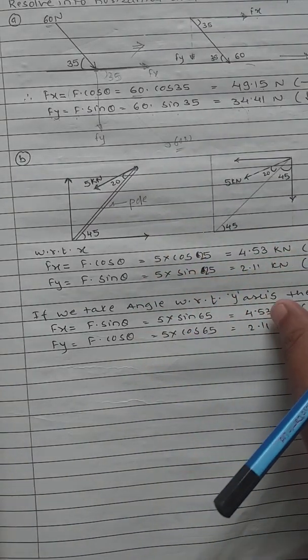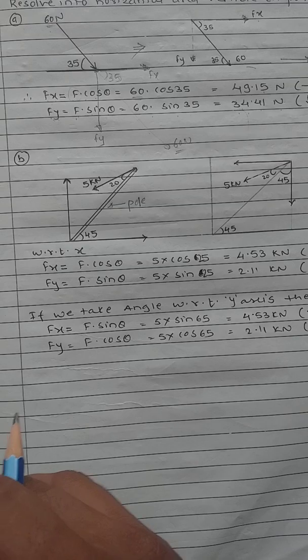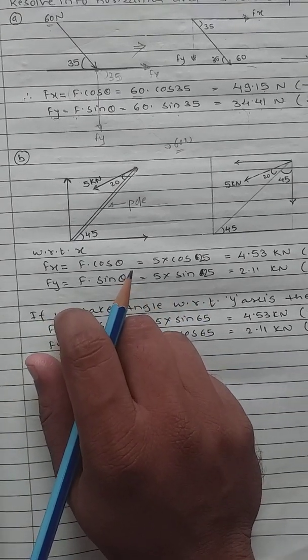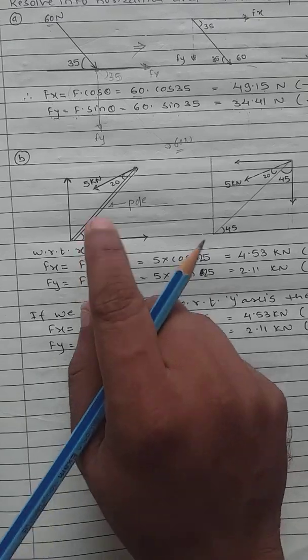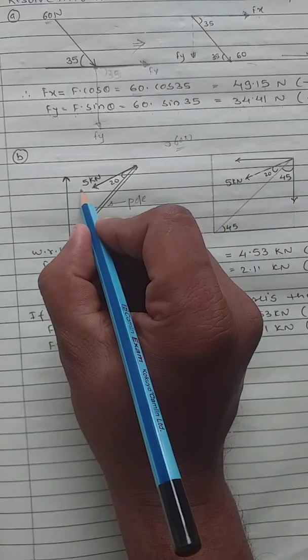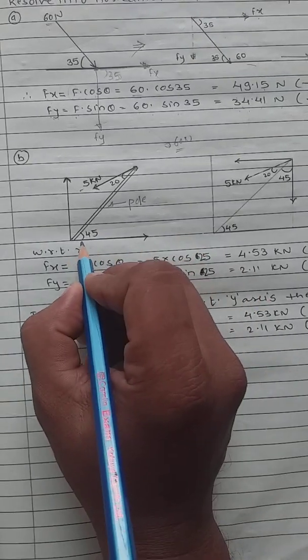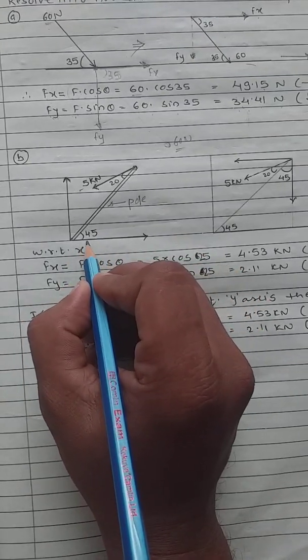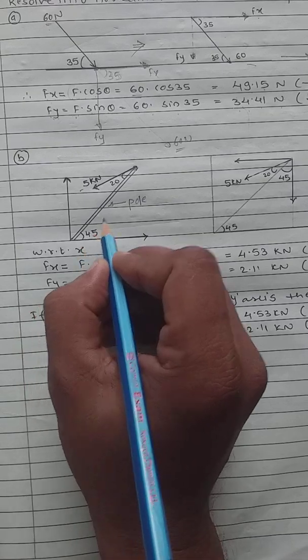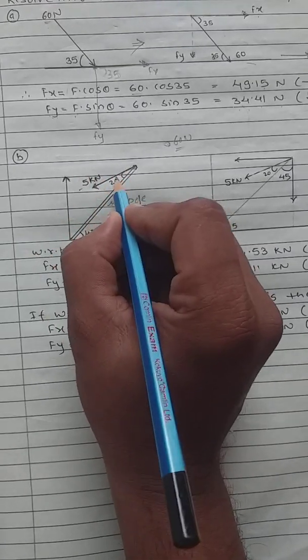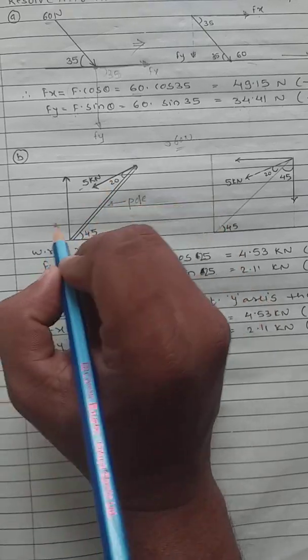Now the question comes: what prerequisites are required in order to resolve the force? Number one, the force magnitude should be given. Yes, the force magnitude is given, 5 kilonewton. The angle with respect to x axis is given, but we want the angle of the force along x or along y direction.